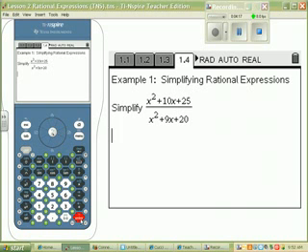Are you ready? Who remembers how to put in a fraction? Control divide. Very good. Control divide is going to give you your fraction template, so we can type right into this. Let's look at the numerator: x squared plus 10x plus 25. I need two numbers that multiply to be a positive 25 and add to be a positive 10.